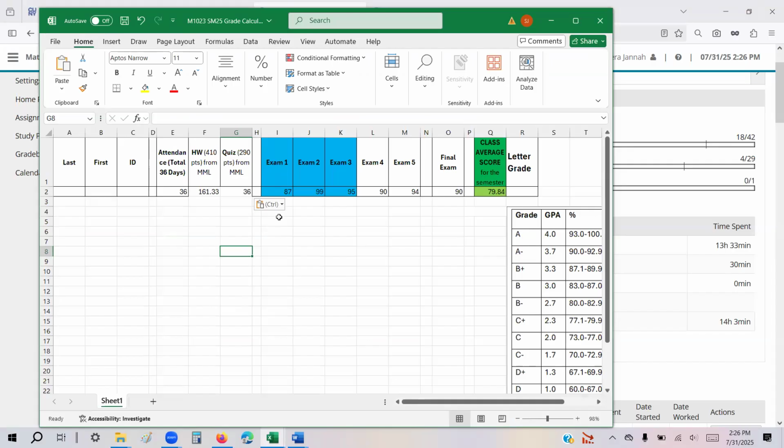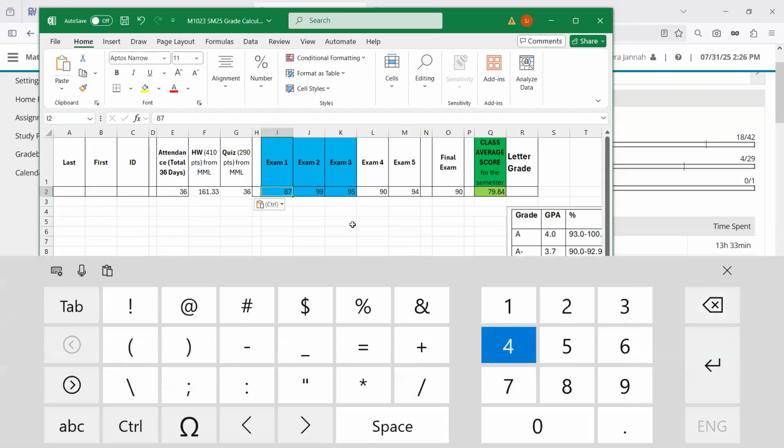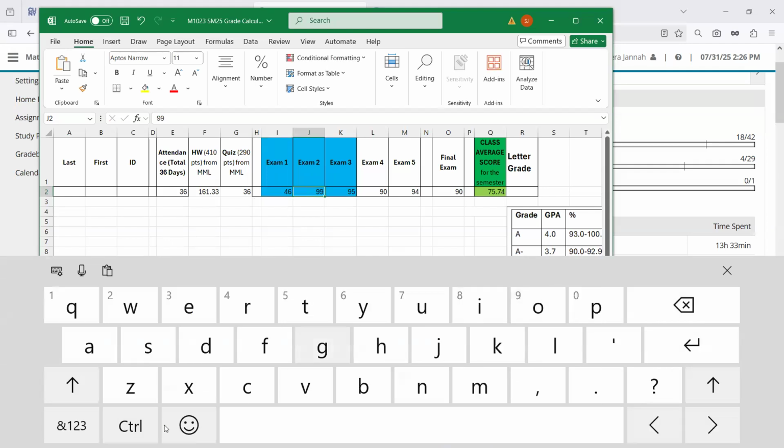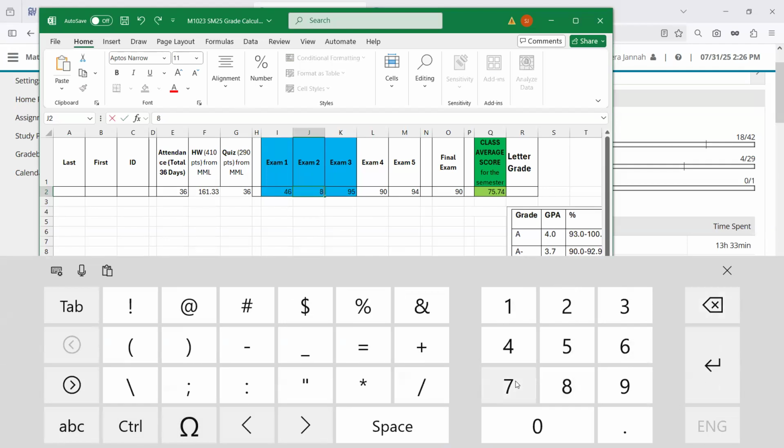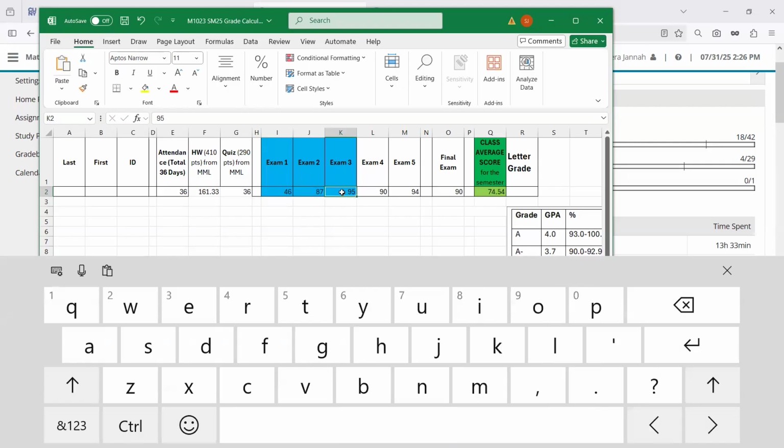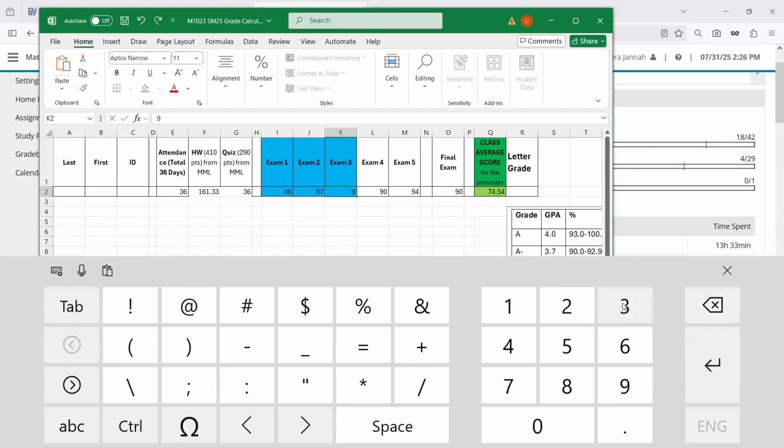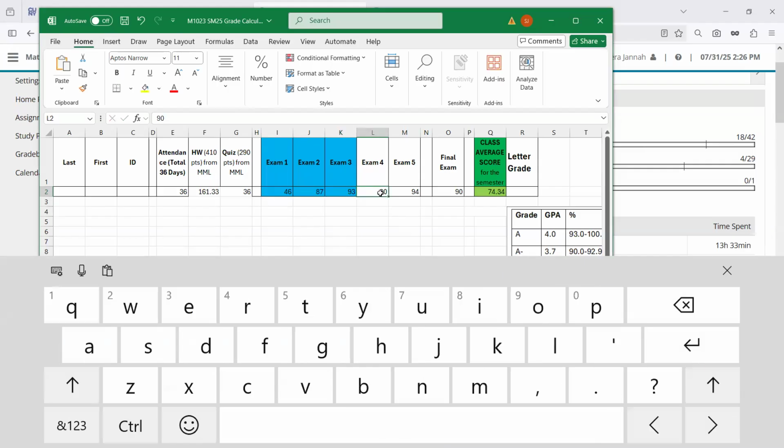And you didn't mind showing your scores, right? 46. And then 87. And then 93. And then 93. And then 80. 80, right?